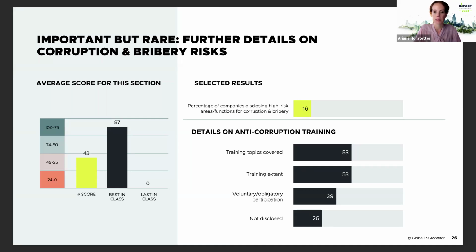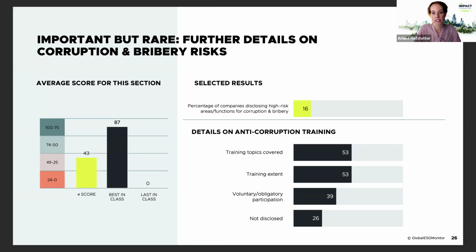The first one is the percentage of company disclosing high-risk area or functions of corruption and bribery in their companies. This is important because the risk is not distributed equally within the companies. So in order to help stakeholders to understand of how you have identified those risks, for incidents, you have to show which areas of functions in the company are affected.